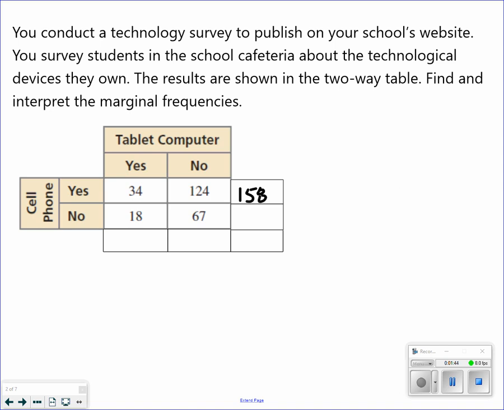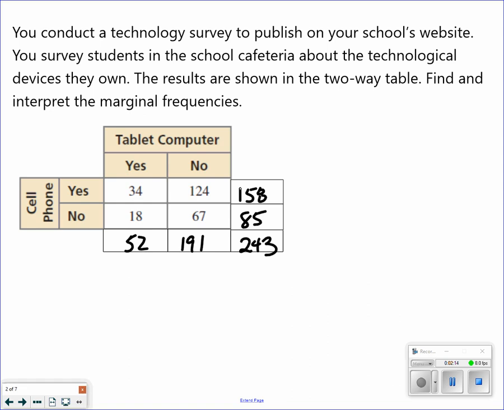Going across, no to cell phone. And then tablet computer going down, no to tablet computer. And then total number of people spoken to in this particular situation is 243. So again, yes to cell phone, no to cell phone, yes to tablet, no to tablet, and then total number of people.